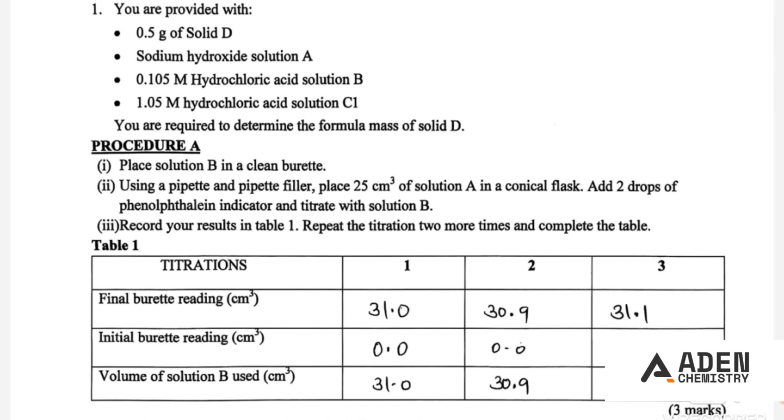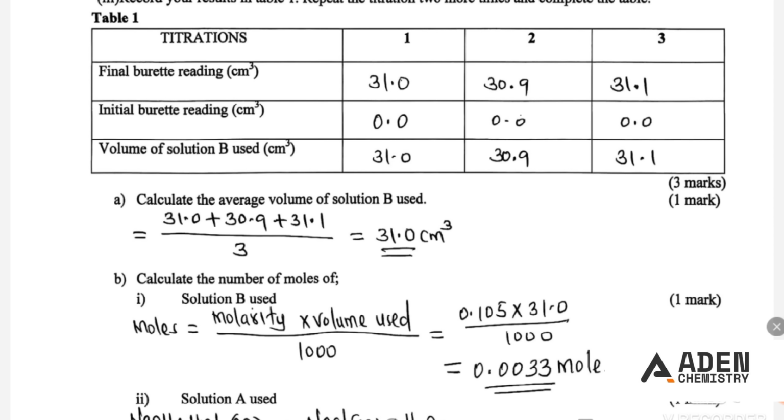We are told you are provided with, read the information. We are going to go to table 1. In table 1, the first titration, we started with an initial burette reading of 0.0 and the final burette reading was 31.0. When we subtract, we get 31.0.